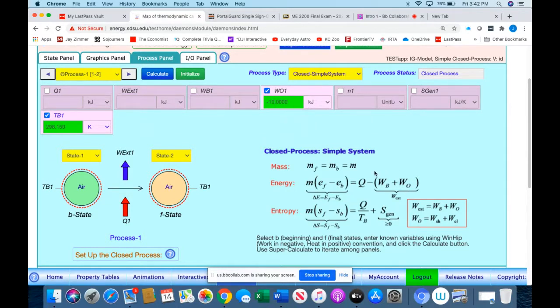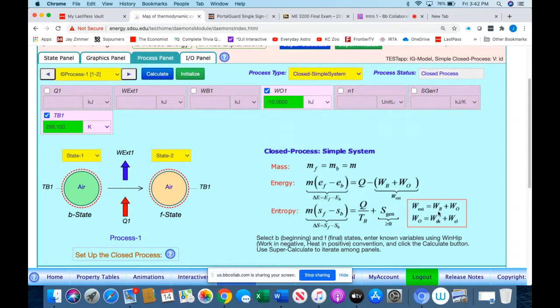Now, the question is, what is WB? WB is the boundary work. And so the boundary work would be as the boundaries move, or as we cause work to be done. Maybe it's a piston-cylinder type of arrangement. That is the 8 kilojoules that was given in the problem.